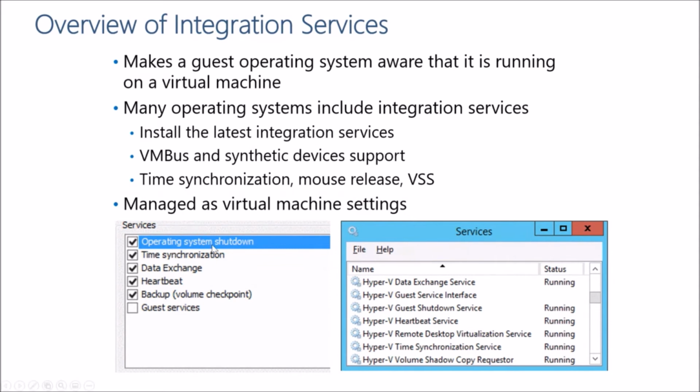It'll send the shutdown signal. Time synchronization, synchronizes with the host. Data exchange, that's the copy and pasting and other things. Shared clipboard. Backups with volume checkpoints, and this heartbeat.